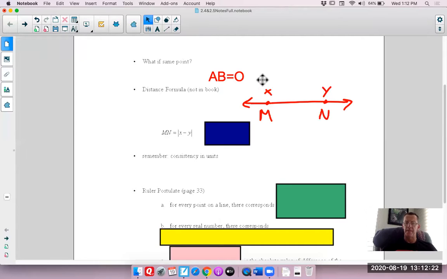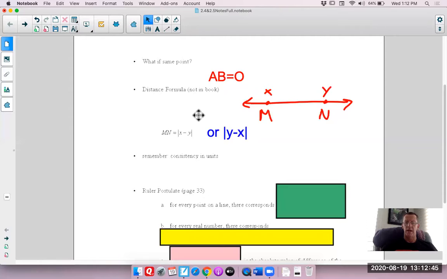So let's pretend X was 4 and Y was 10. You could basically do 4 minus 10, which is negative 6, take the absolute value of that, 6, or Y minus X. It wouldn't really make a difference, and that would be what? 10 minus 4 is 6, and the absolute value of that is obviously 6. Okay, so that's what I'm saying here.